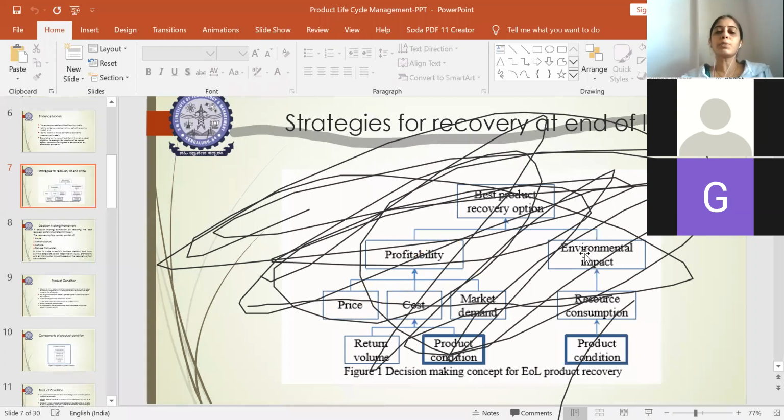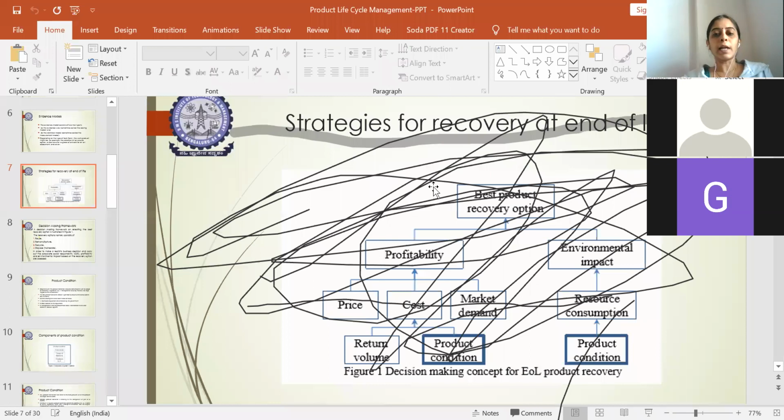It has to be profitable and it has to be eco-friendly. Only then do we suggest that the product go for recovery or recycle or remanufacturing, or else it will directly go to be scrap. So these are the strategies which are involved in the recovery of a product at the end of life.